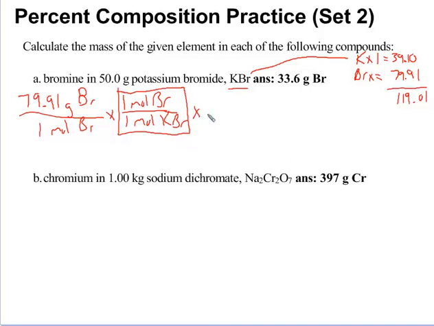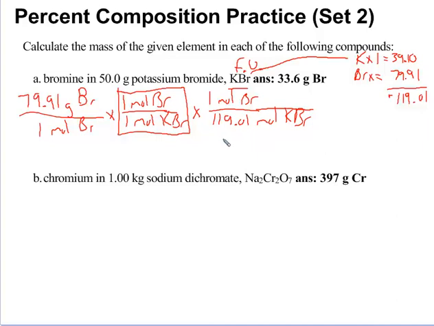After we do that, we're still setting it up just like sample set 1, where now we have 1 mole of Br over the entire molar mass, which over here we look, it's 119.01 of your entire compound of KBr. And this would be a formula unit because it's a metal and a nonmetal, so it's an ionic bond.